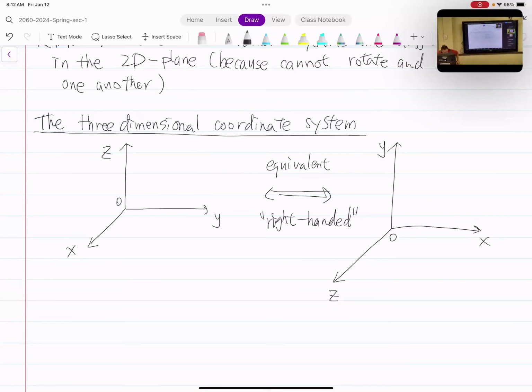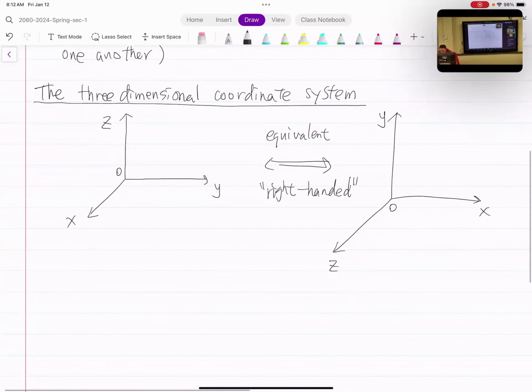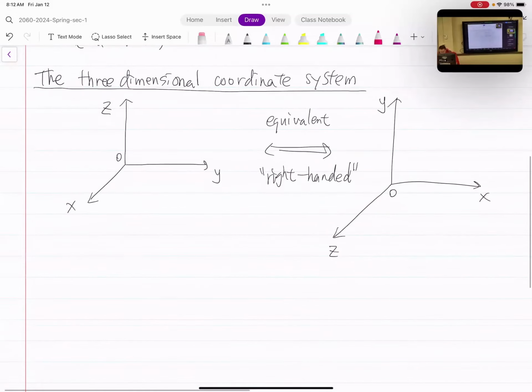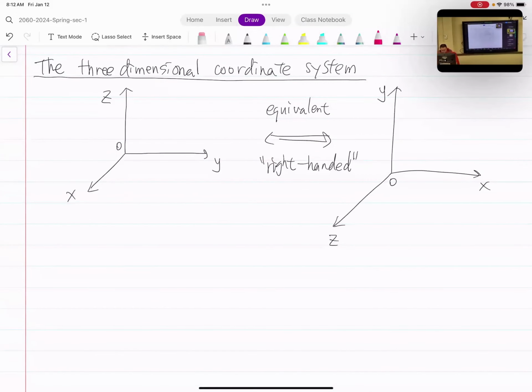And of course, you can always just rotate your hand in 3D. So that's why you can obtain one from another by rotation. But of course, let's put another one that cannot be rotated from the above in red.